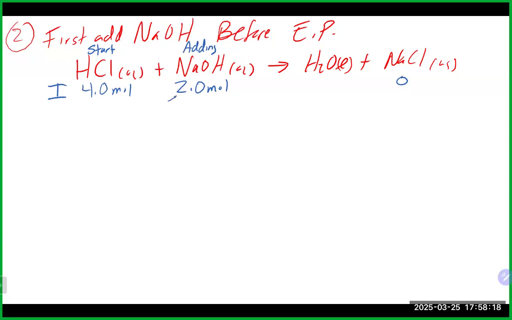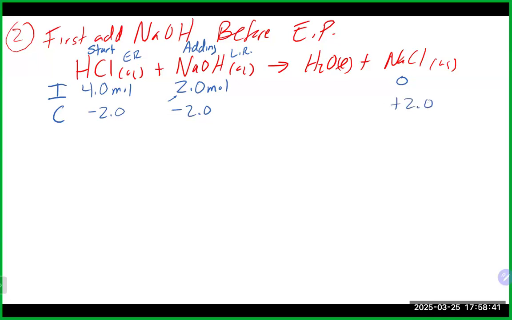At this point in the titration, our sodium hydroxide is the limiting reagent and our HCl is the excess reagent. We got plenty of moles of HCl there, and we have fewer moles of sodium hydroxide. So the change in this case is going to be -2, -2, and +2 moles.